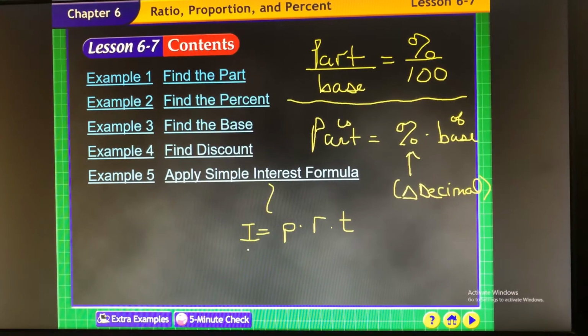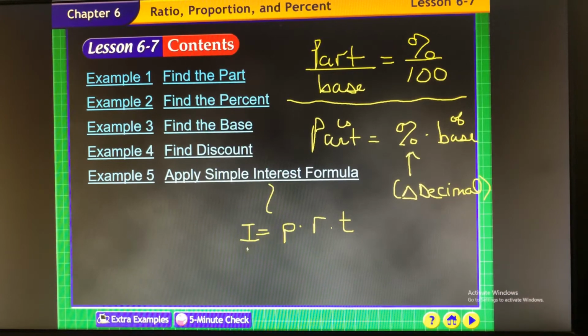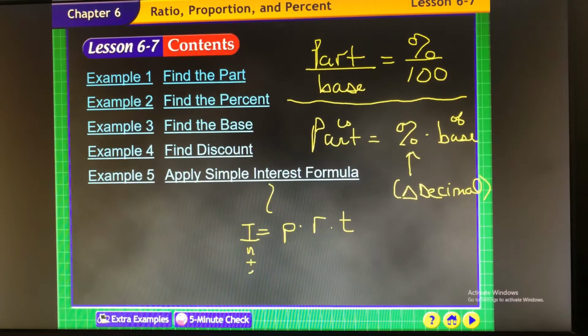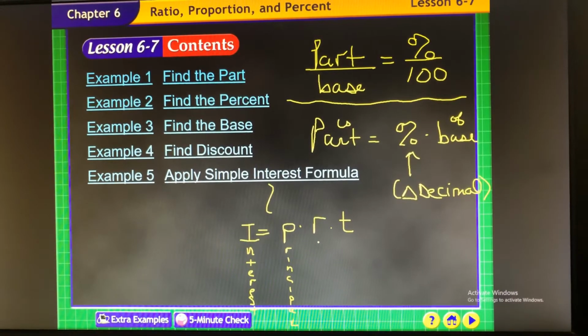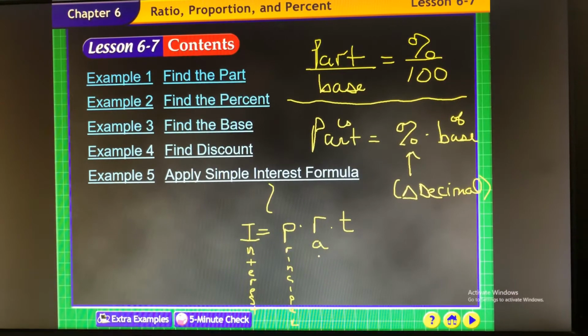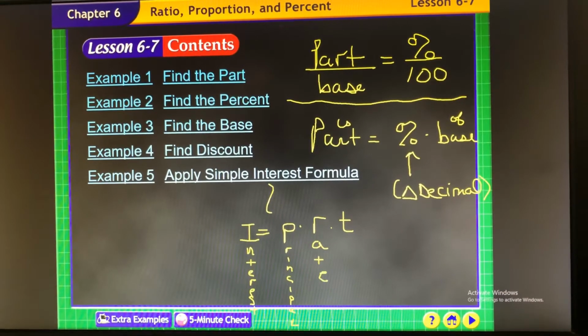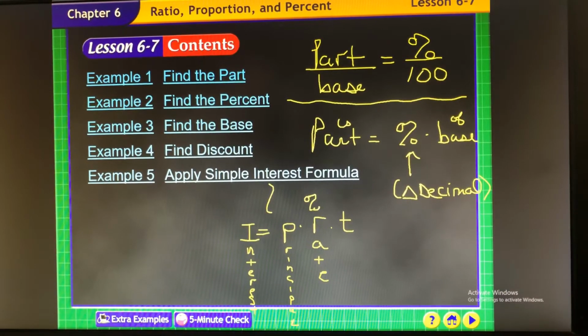Then we're going to be doing interest, which is I equals P times R times T. And I is the interest earned. P is the principal. So principal is what you invest or borrow. Rate is the percent that's being charged. So this is the percent. And T is for the time.